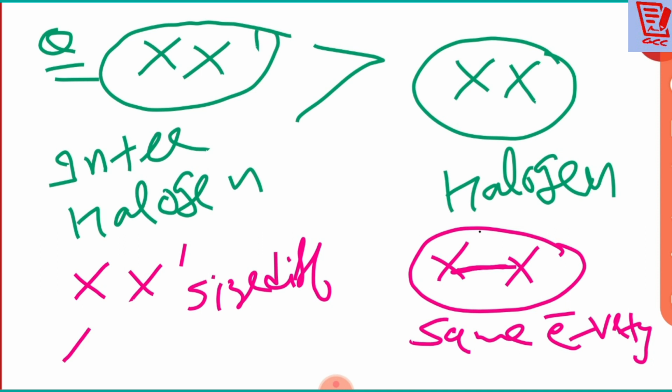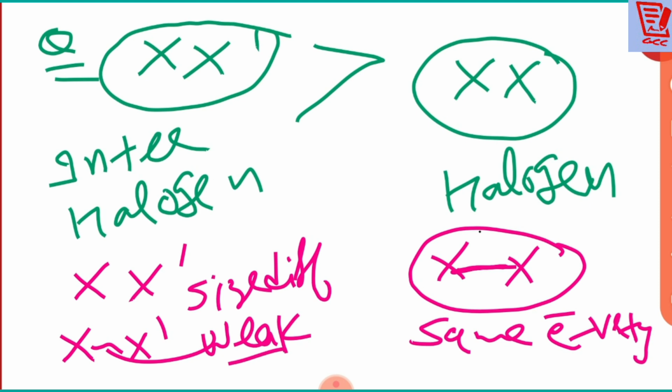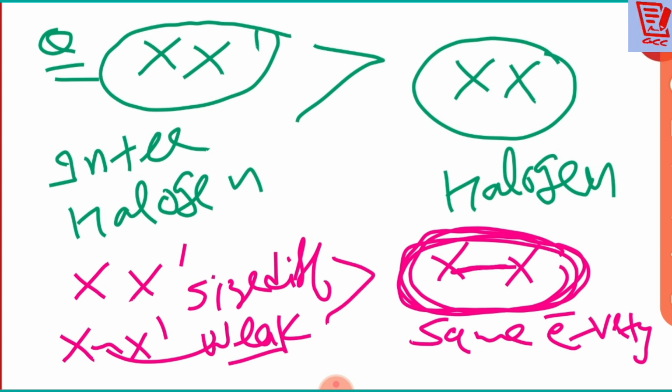That is why the bond between X and X' becomes weak. The bond becomes weak. But here the elements are the same, their size is the same, so the bond will be stronger. So if the bond between X and X' becomes weak, it means it becomes more reactive. Interhalogen compounds are more reactive than X2 molecules or simple halogen molecules.